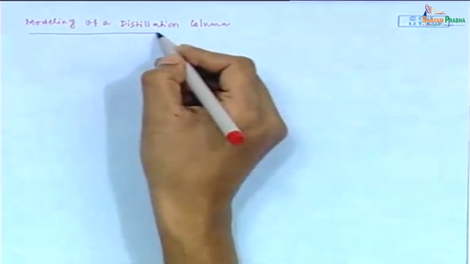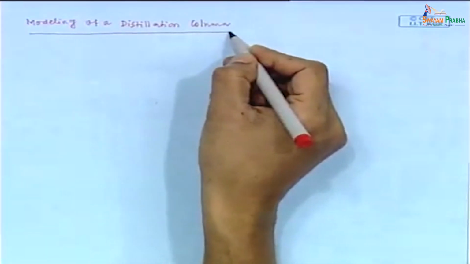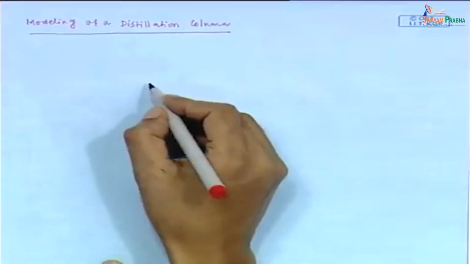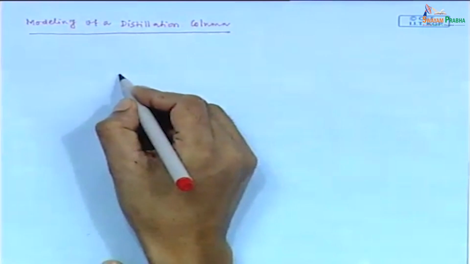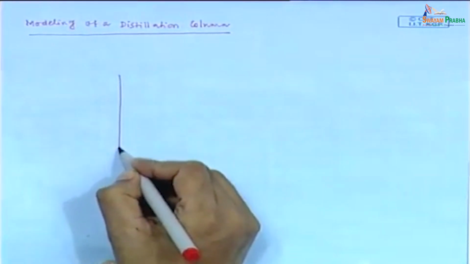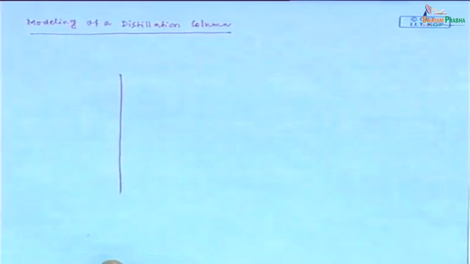Previously, we have configured 3 control schemes for a distillation column, but we did not discuss the modeling. So, first the configuration of a distillation column.